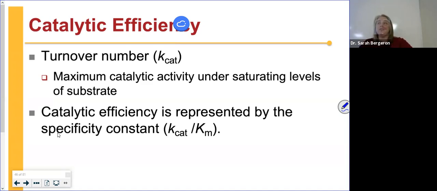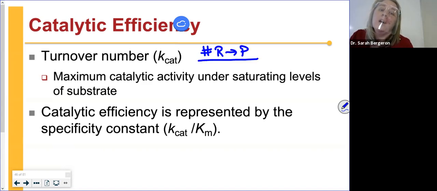If we can bind a substrate as much as we want, what's going to be our rate limiting condition? How quickly we can go from substrate to product, right? So that's our turnover number. It's the number of reactants to products over time. That's a really important characteristic.